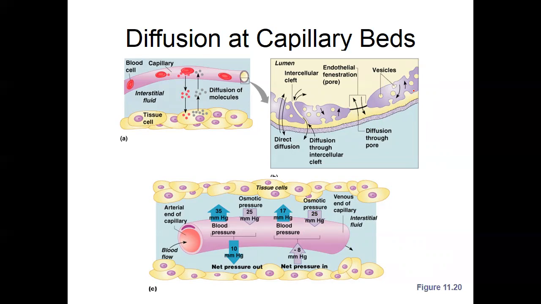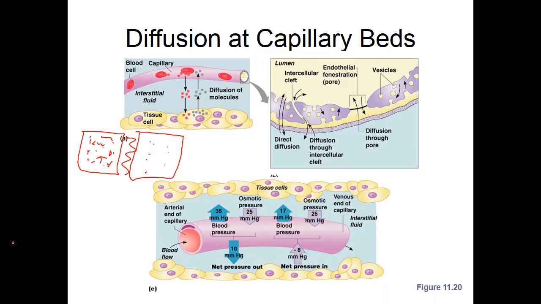This is a busy slide, and I want to get the point of it. We all know that diffusion is how gas exchange and nutrient exchange takes place in the vascular bed. And diffusion is merely something moving from a higher concentration to a lower concentration. So if I have these two here, this is the semi-permeable membrane. This is my higher concentration.